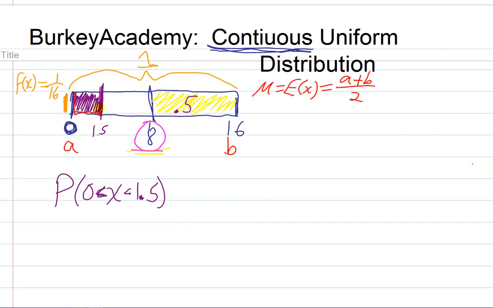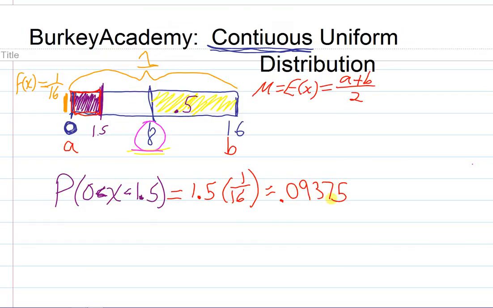So we can calculate the area of this smaller purple shaded rectangle here and just say, well, the probability is going to be equal to that smaller base, 1.5, the distance between 0 and 1.5, times 1/16. And so what that would give us is, let me see on the calculator here real quickly, I get 0.09375. So a little more than a 9% chance, okay?